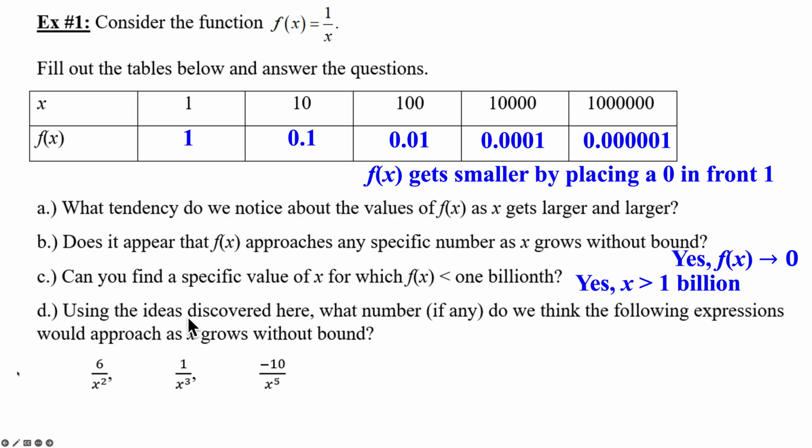And let's see, D, using the ideas discovered here, what number, if any, do you think the following expressions would approach as x grows without bound? Again, same concept here with these functions. Well, the first thing I noticed is that the numerators are all constants, whether they're positive or negative. And now I still have x's in the denominator, but these are now squared, cubed into the fifth, which means, okay, these numbers in the bottom are going to get bigger faster than what I have on the top.